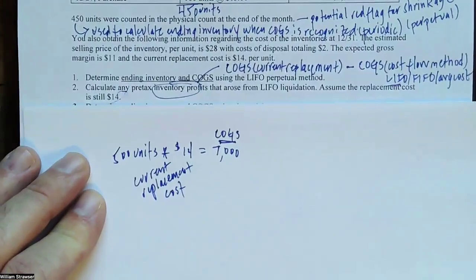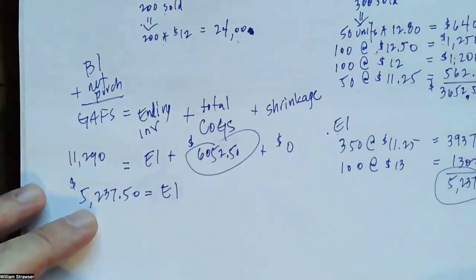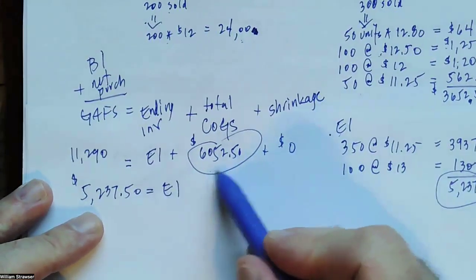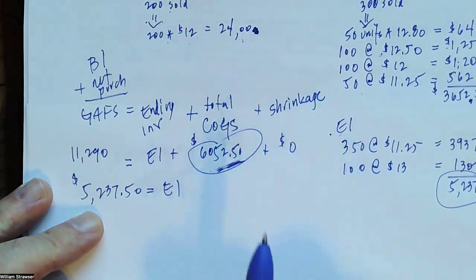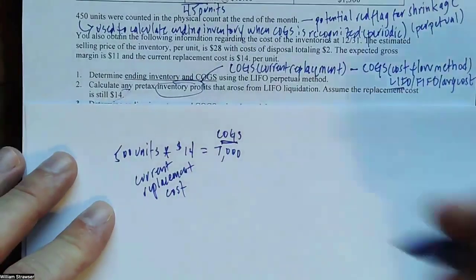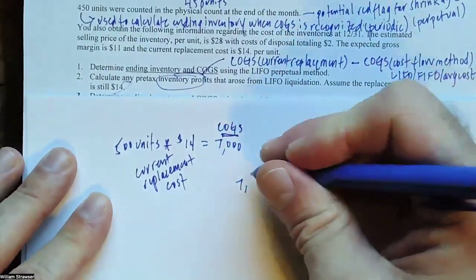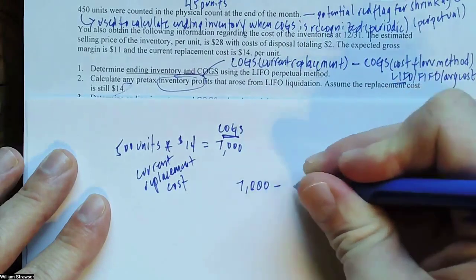Now we have COGS from LIFO already. We have 6,052.50. That was our LIFO COGS. And if that's our assumed cost method for this calculation, then that's what we would record.